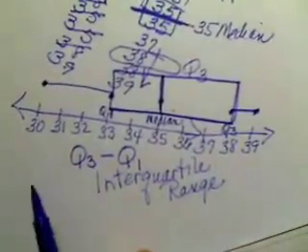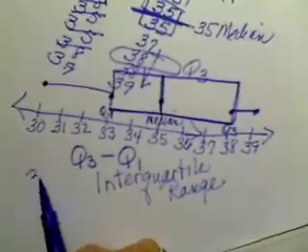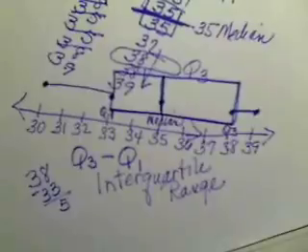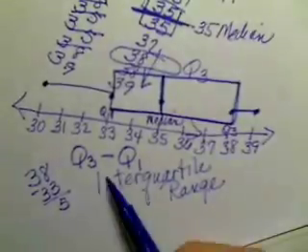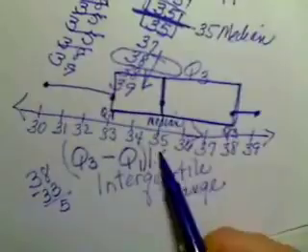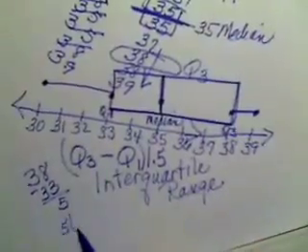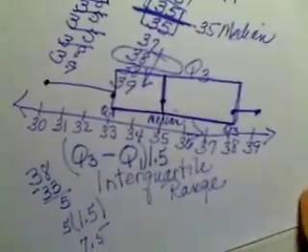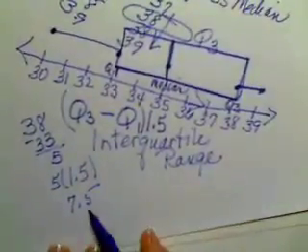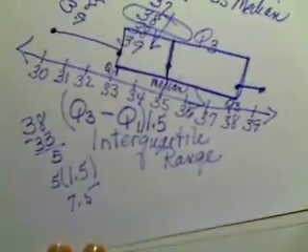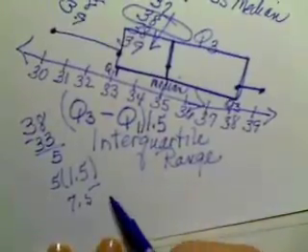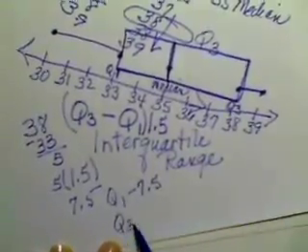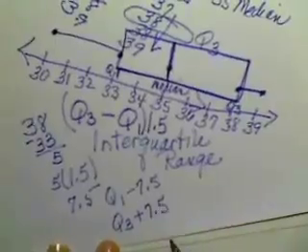If I multiply the interquartile range by 1.5, that will give me a value to take away from quartile 1 and to add on to quartile 3.